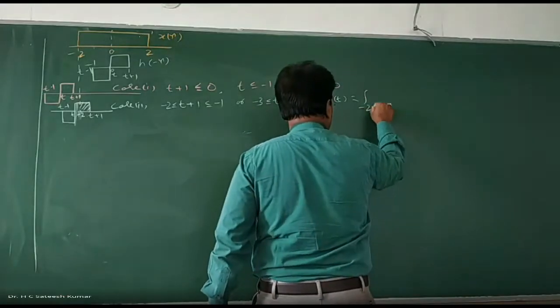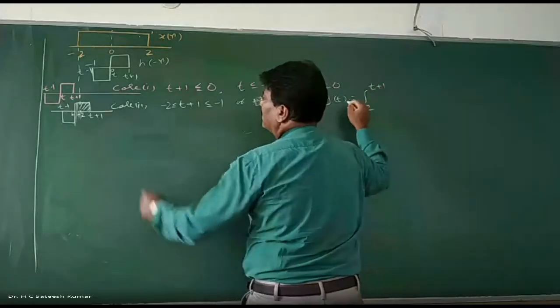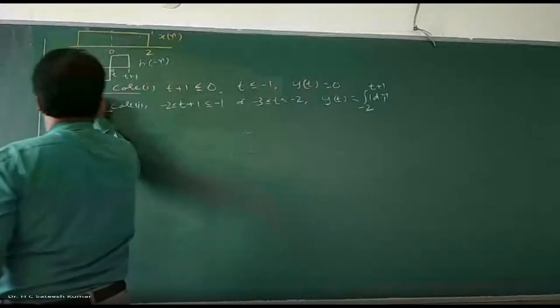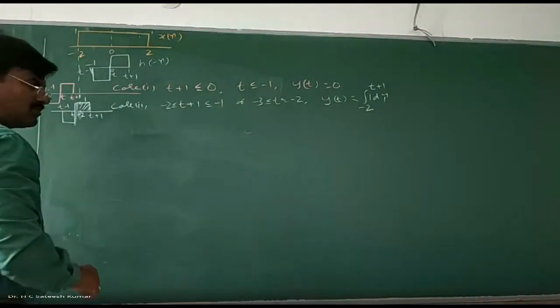So integration from minus 2 to t plus 1 of 1 into 1, d tau. This amplitude is also 1, this amplitude is also 1.